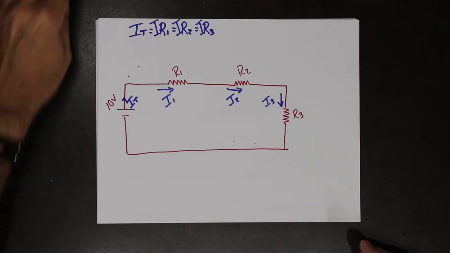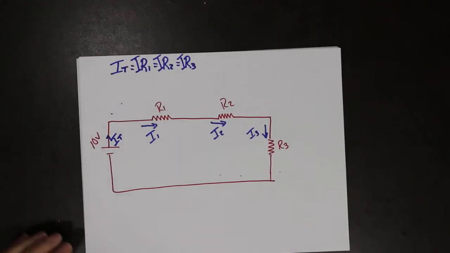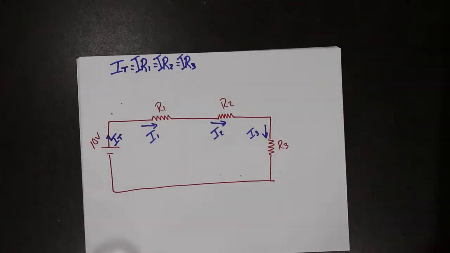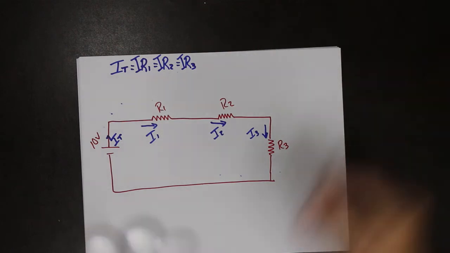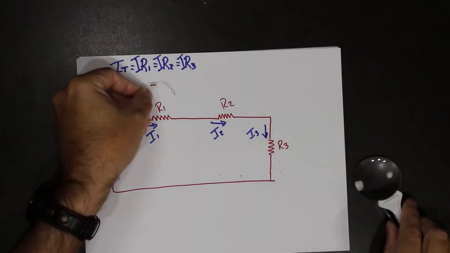So I just happen to have 3 resistors here, and I'm going to build this exact circuit. Resistor 1, 33 kiloohms.